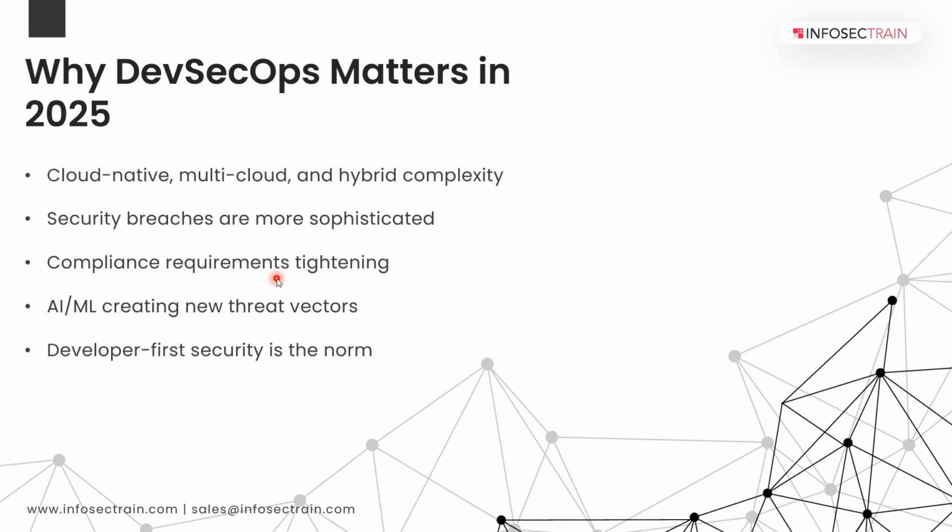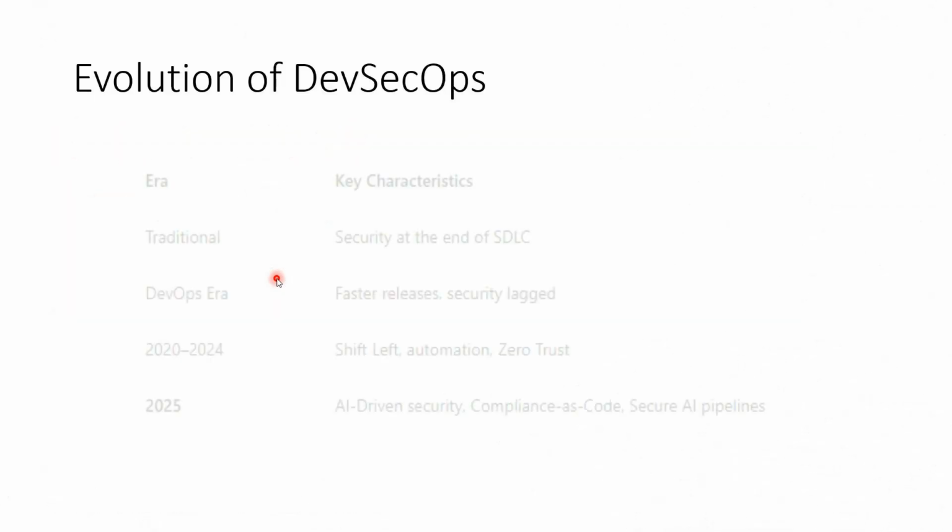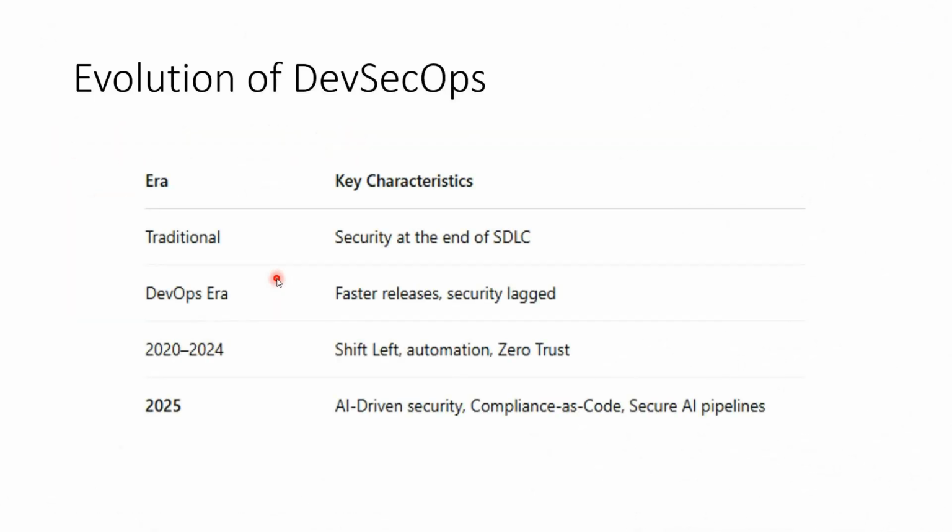So in 2025, I want to talk about this evolution of DevSecOps a little bit. In traditional times, we usually performed security testing at the end of the SDLC. In the DevOps era, we had faster releases, but security lagged. From 2020 to 2024, we did shift left, automation, and zero trust.